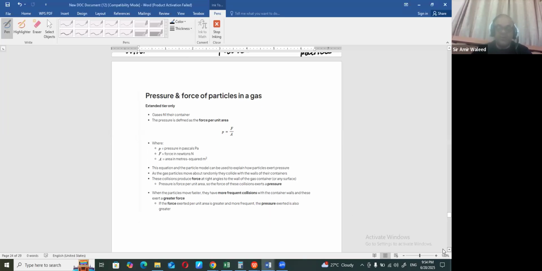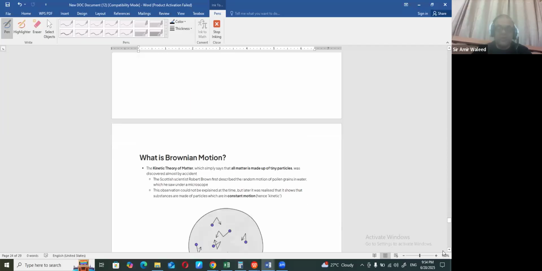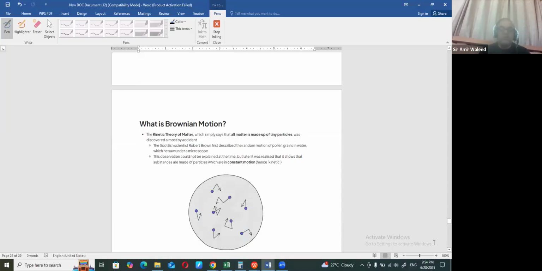Now here is a small topic which is a part of our syllabus. The movement of particles in gas and liquid is called Brownian motion.